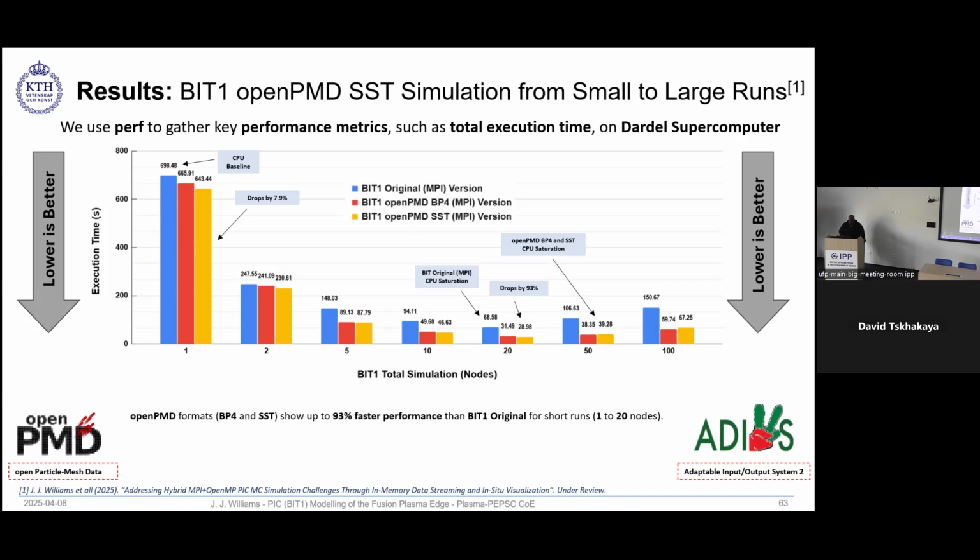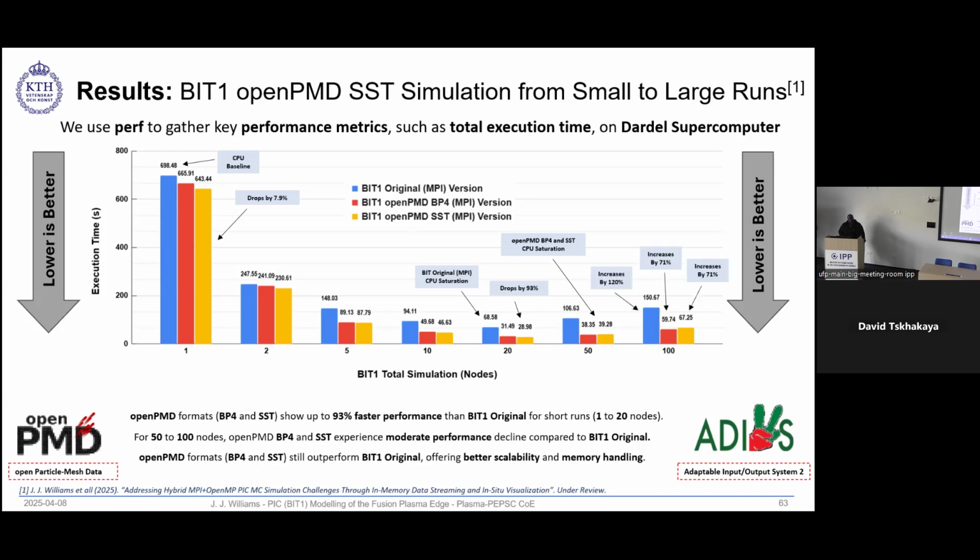But we notice something happening here. When I start to go more, remember we're trying to go to exascale, 100 nodes in this case, we saw straight away that if I continue with BIT1 originally, we will have a very, very bad time, a 128% increase. And then also the BP4 and SST start to cry for help.